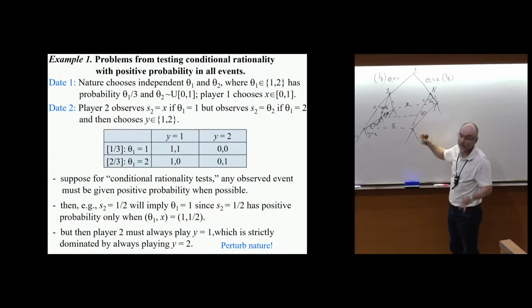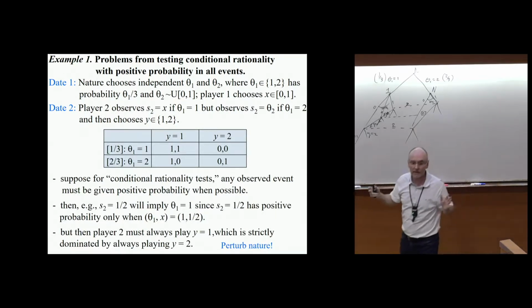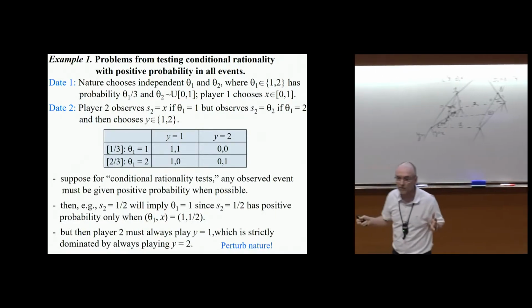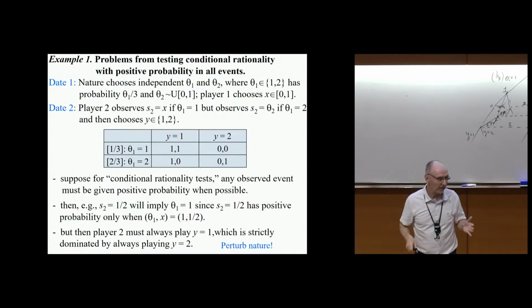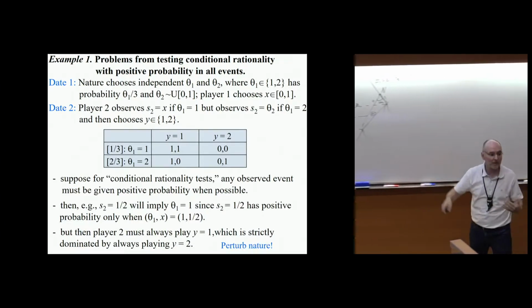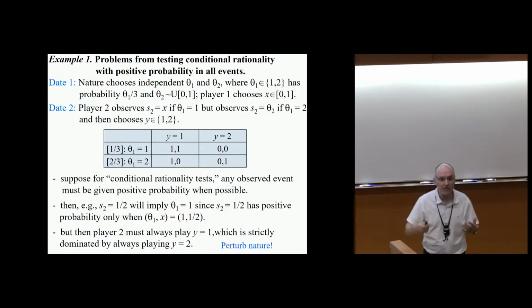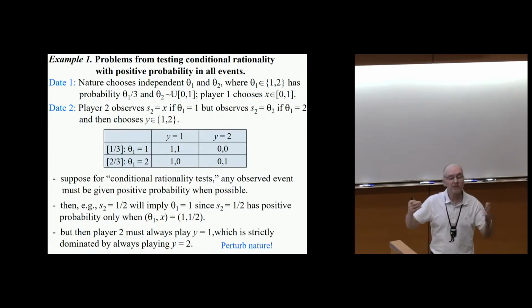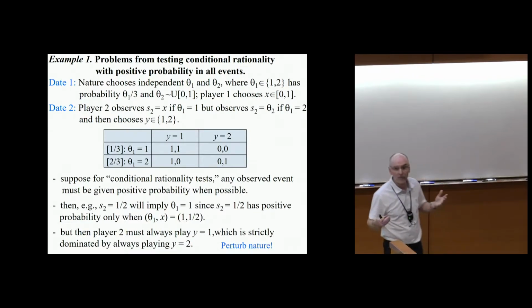There's nothing in what player 2 is thinking that suggests that nature made some kind of mistake. So perturbations are not equivalent to mistakes. Even perturbations of the players' strategies don't mean players are making mistakes. It's just a way to capture the beliefs of those who are in a position of thinking, what happened? How did we get here?